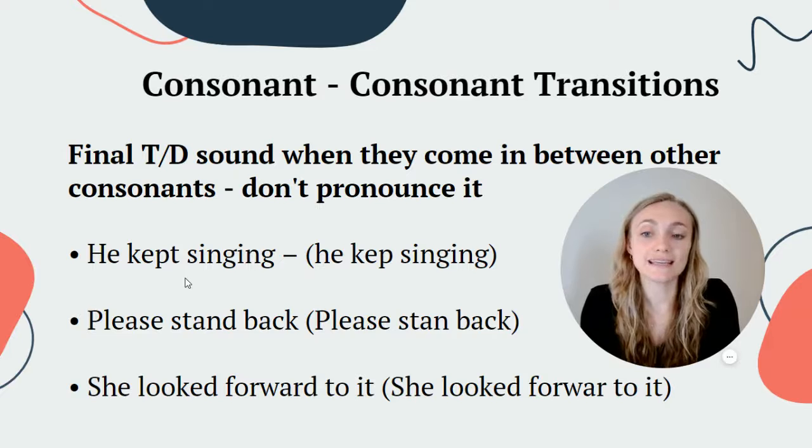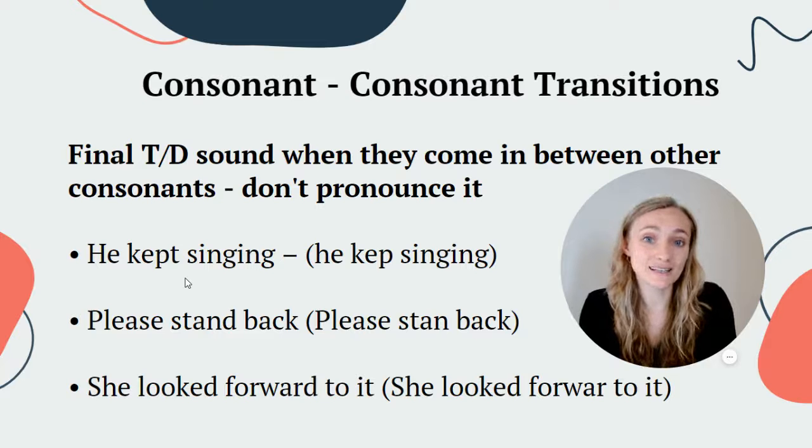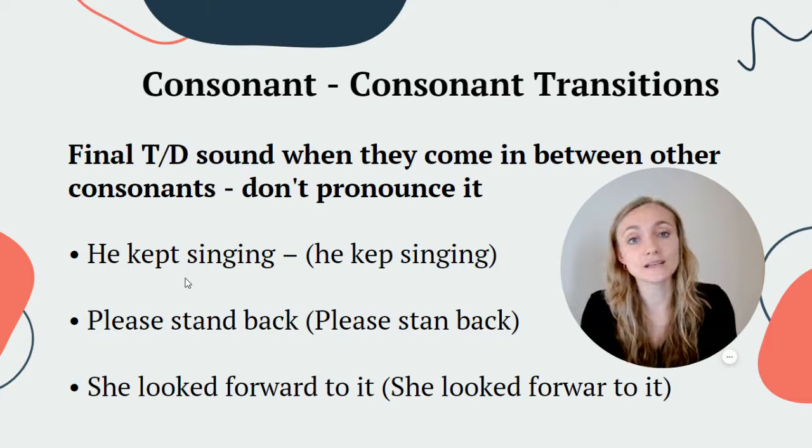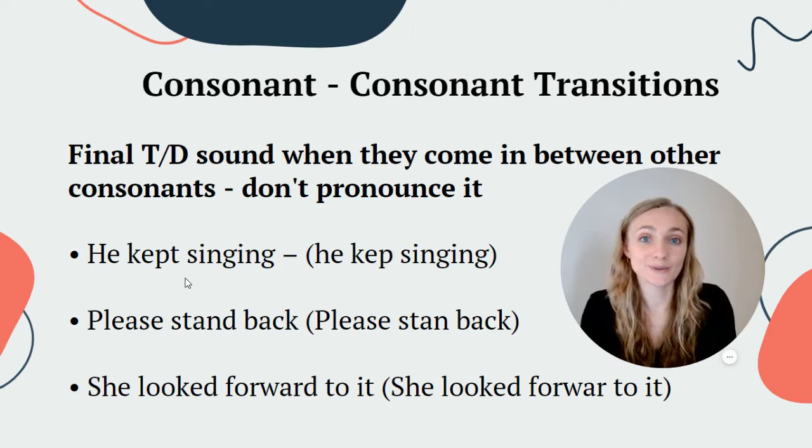So instead of saying he kept singing and fully pronouncing that, here for listening purposes, we don't need to hear the T or D sound for the word to make sense and be clear. So we don't pronounce it. You won't hear people fully enunciating all of the sounds in these words because it's not necessary for listening.